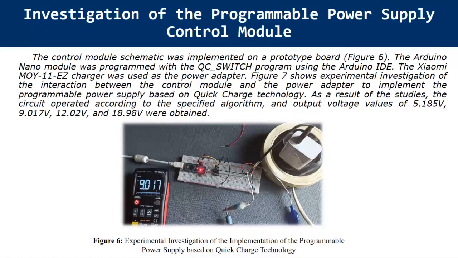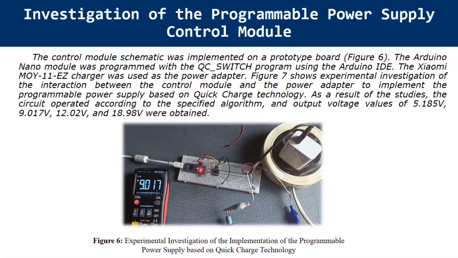Investigation of the programmable power supply control module. The control module schematic was implemented on a prototype board, Figure 6. The Arduino Nano module was programmed with the QC switch program using the Arduino IDE.